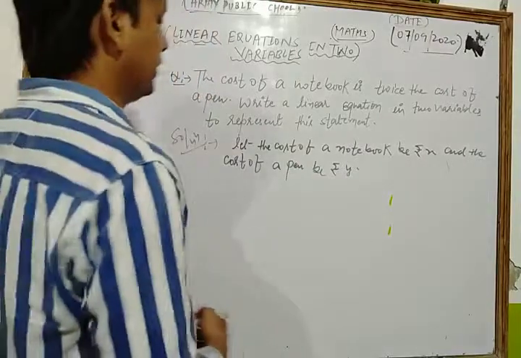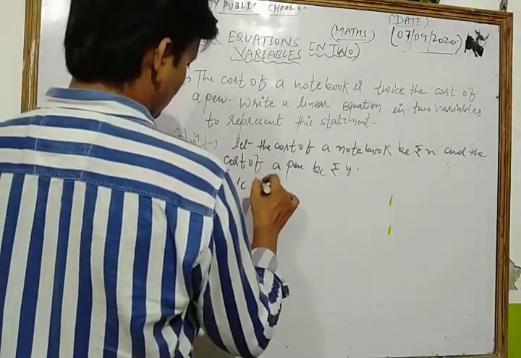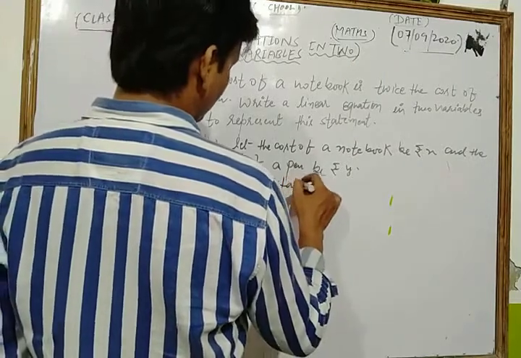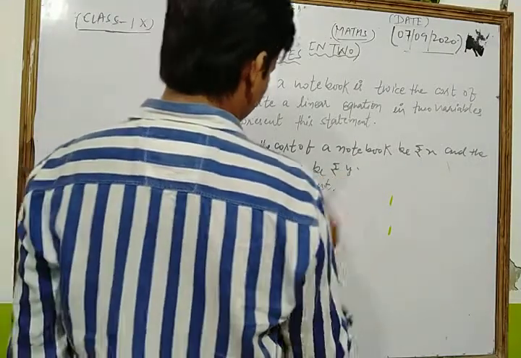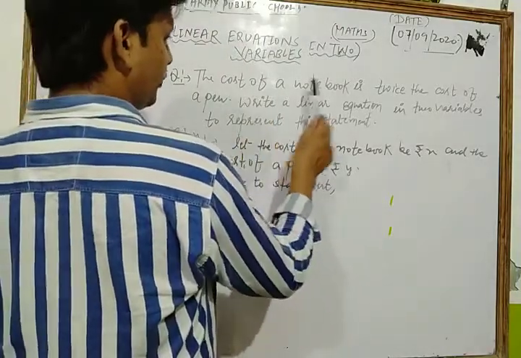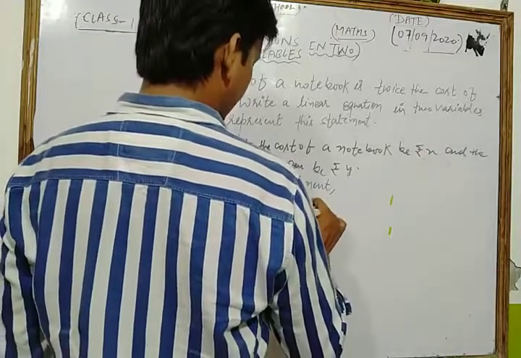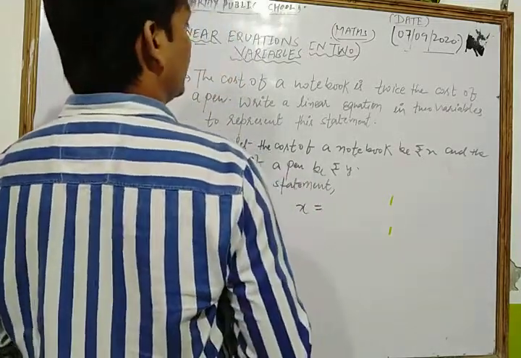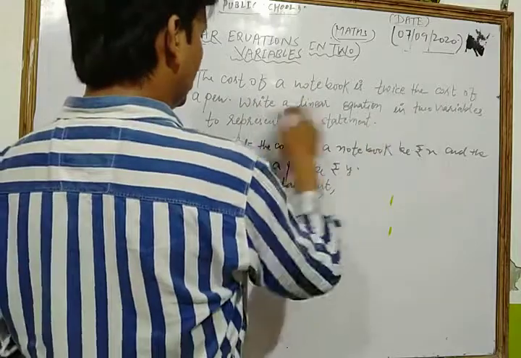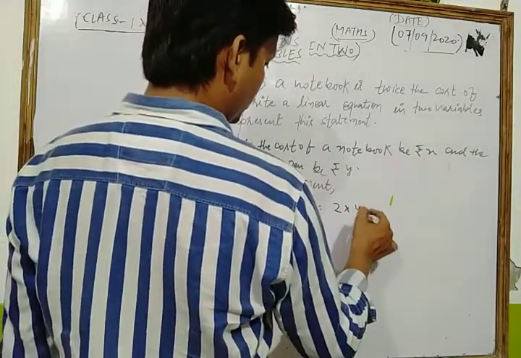Now according to the statement, let's see the condition. The cost of a notebook is x. x is equal to what? The cost of a notebook is twice the cost of a pen, and twice means 2 times, 2 into y.